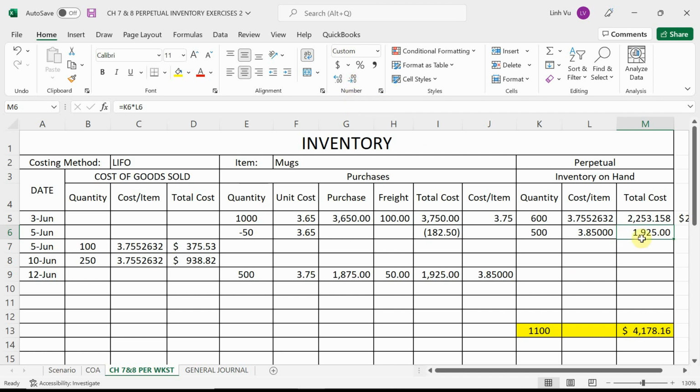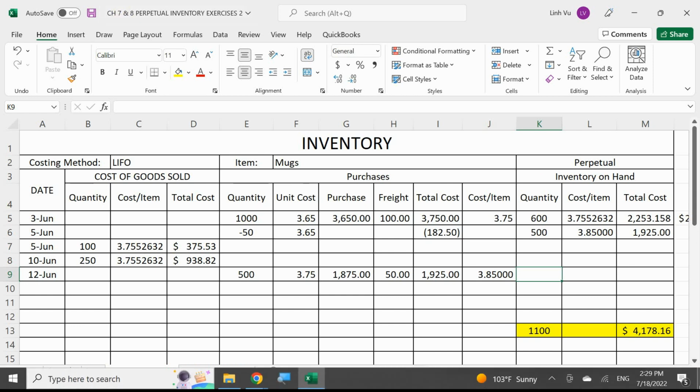Okay, so that means I have a grand total inventory, right? My first batch plus my second batch is going to give me a total of 1,100 units at a grand total cost of $4,178, and that's supposed to be 15 cents, not 16. Okay, because we have that eighth of a penny there.